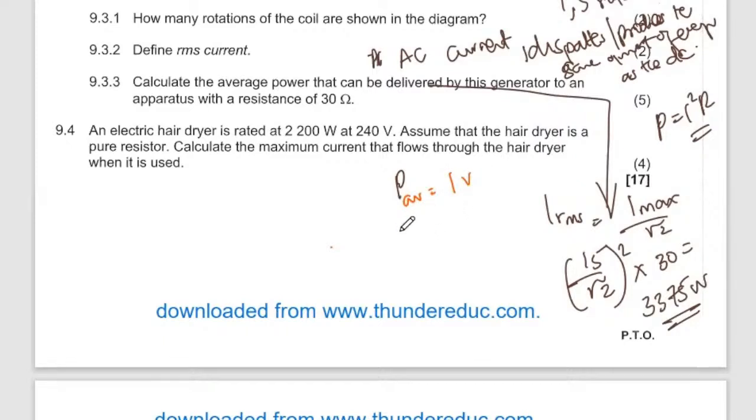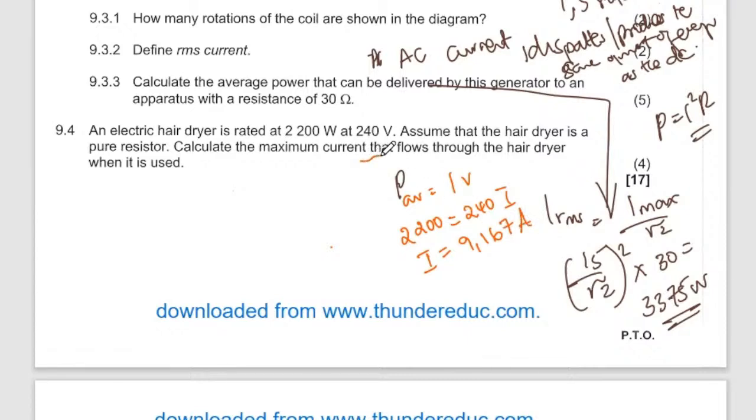Now, what is our power? It's 2.2 kilowatts. What is our current? We don't know, but we have the voltage, which is 240. So I'm just going to say 240 times I. When I divide 2200 by 240, I'm getting 9.16667 amps.